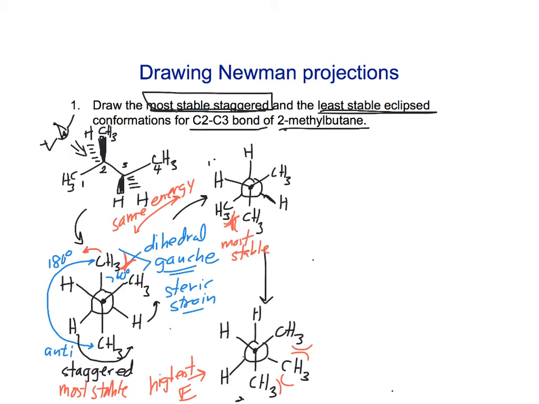All right? So the next part of this is to draw the least stable eclipsed. All right, so remember, eclipsed is where the bonds line up, right? Just like the sun and the moon. If we have a solar eclipse, then the moon lines up with the sun. All right, so what we need to do again is keep one of those carbons the same. Let's just keep this front carbon the same again.